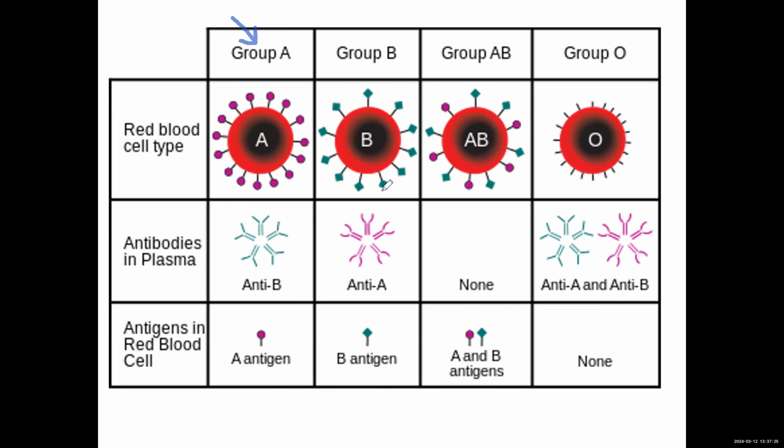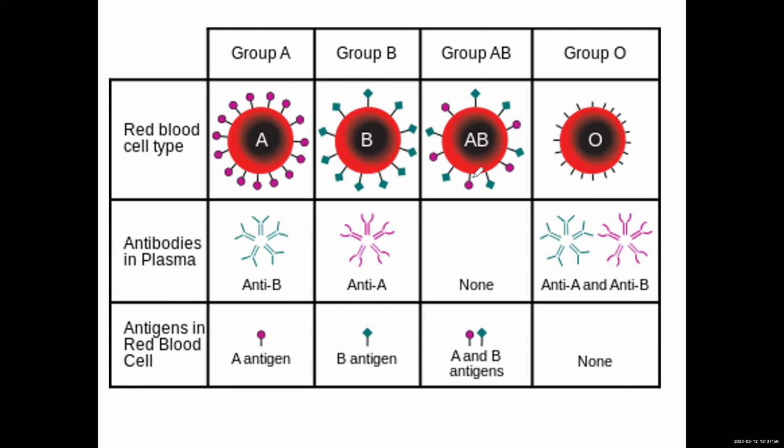Another person might have a different shape of this protein. This glycoprotein, this molecule over here, is called antigen B. So if your blood cells look like this, if you have B antigens, then you have blood type B. Then we have some people who actually have both.